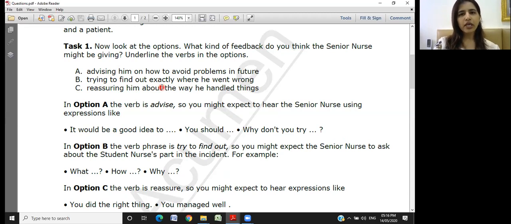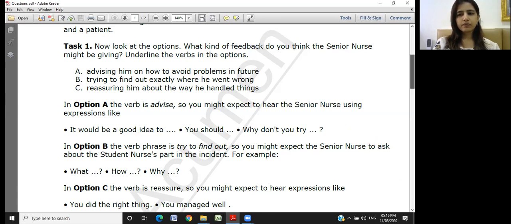You actually have to think about the possible content of the audio, because once the audio has started, you can't pause it, you can't stop it, you can't go back, you can't rewind it. So that is the reason you be prepared to listen for a certain kind of information with the help of answer choices, so that when the audio starts, you can follow the conversation because you've already imagined some of the aspects of it. Okay?